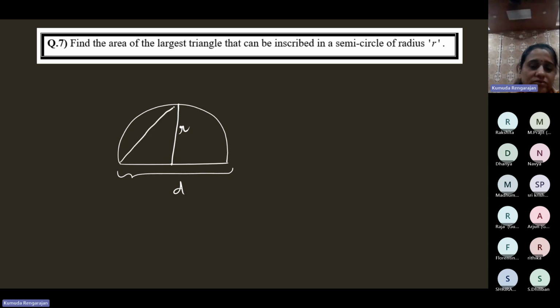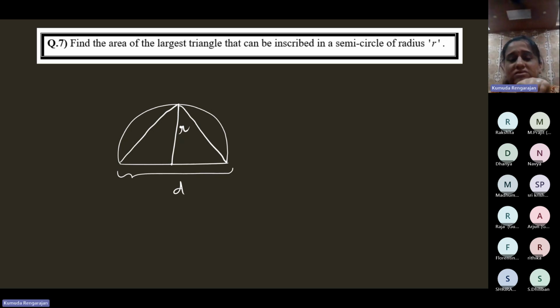So see the shape of the triangle. The triangle which has the diameter as the base and the radius as the height will be the area of the largest triangle.